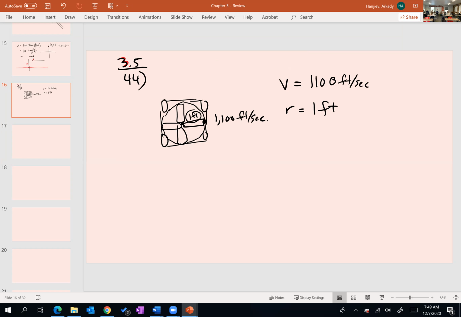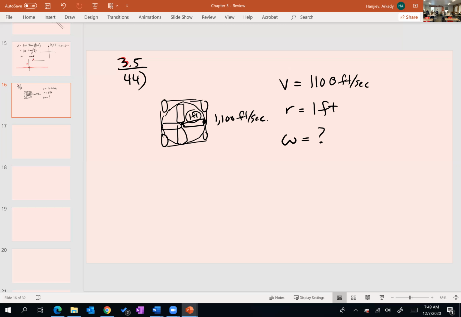Okay, we are finding out how many revolutions per minute. Whenever you see that, you're looking for the little omega. It's almost best, especially with these problems in 3.5, to figure out what variable you have and which variable you want to get to.